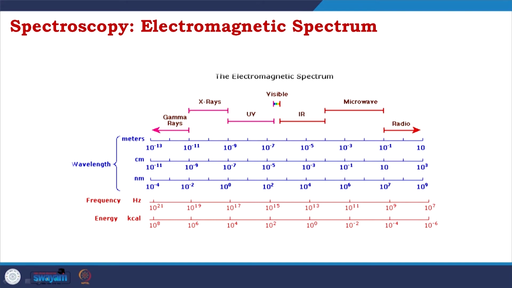Then 10 to the power minus 2 nanometer to 10 nanometer is X rays, and then 10 to 10 to the power 2 is UV, 10 to the power 2 to 10 to the power 4 is visible and IR, then 10 to the power 6 to 10 to the power 7 is microwave, and 10 to the power 7 to 10 to the power 9 is radio.